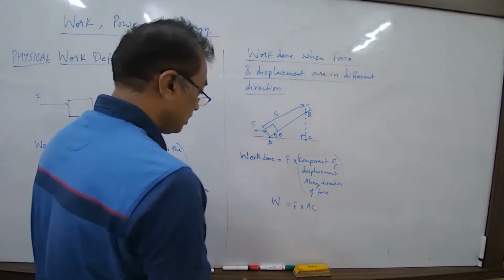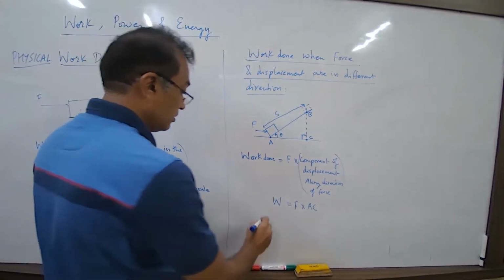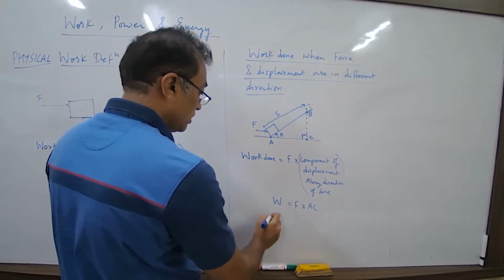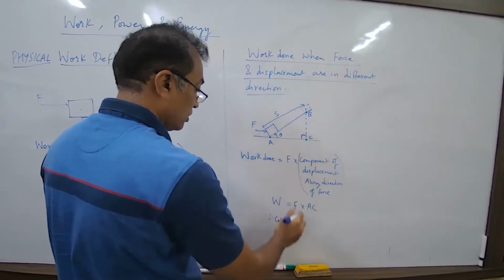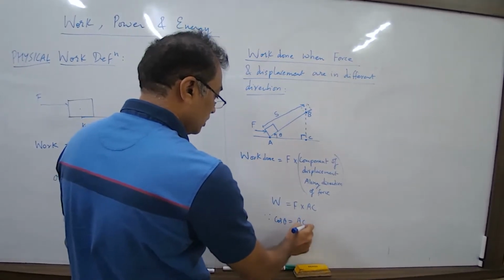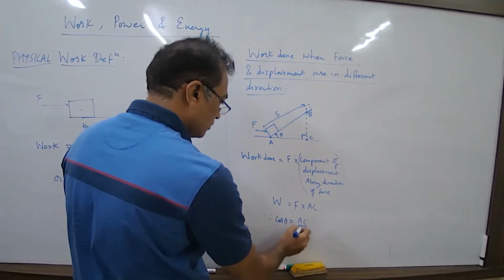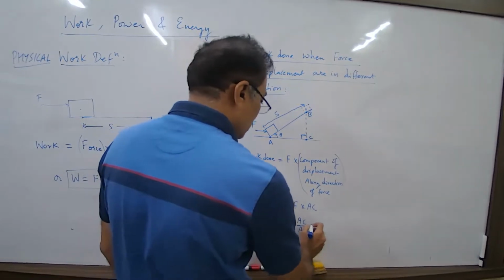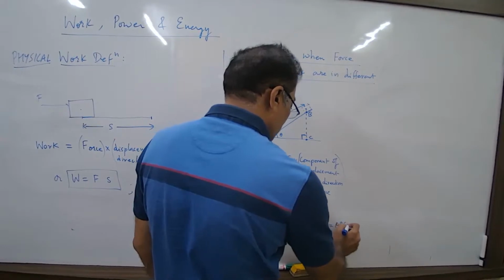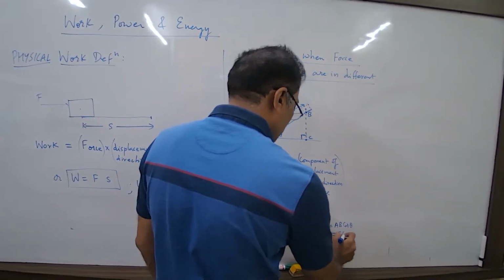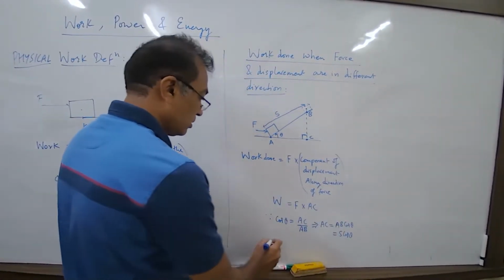So how do we find AC? What is the relation between AC and S? Since cos theta is equal to base upon hypotenuse, AC upon AB. So this gives us AC is equal to AB cos theta. What is AB? S. So AC is S cos theta. Right?